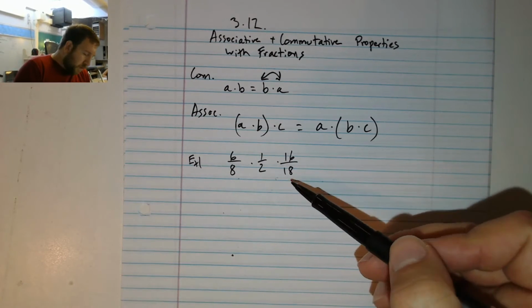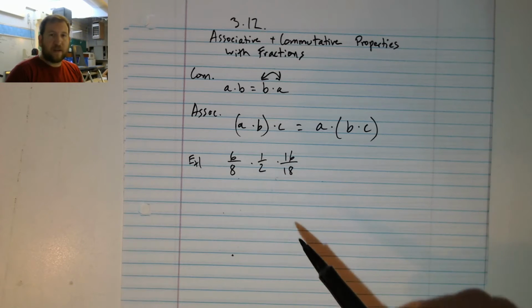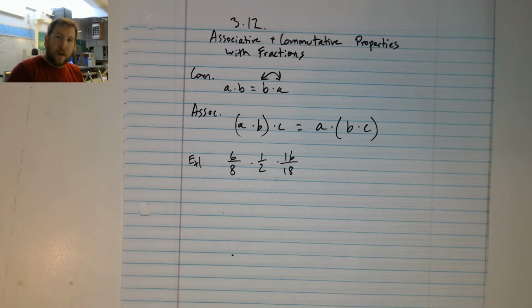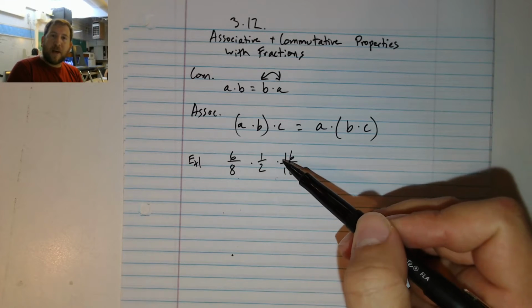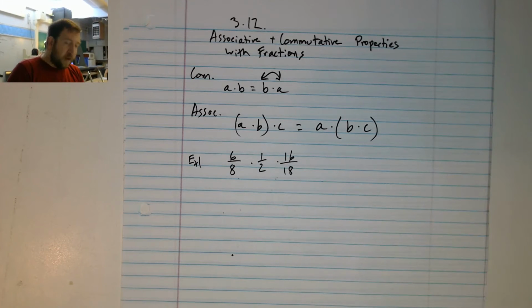So what we could do is find common denominators and multiply it all out. But the problem with that is it might be a little tricky to find something that's common between all of these numbers. So we're going to use some tricks about using our associative and commutative properties to solve this.